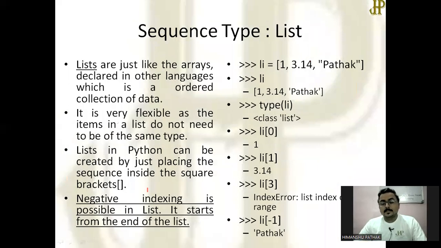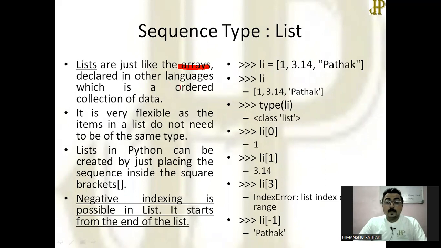Now the list. In Python, a list is just like an array, but the difference is that in an array in C or C++, you can store only similar types of data. But here, you can store a different collection or different types of data.